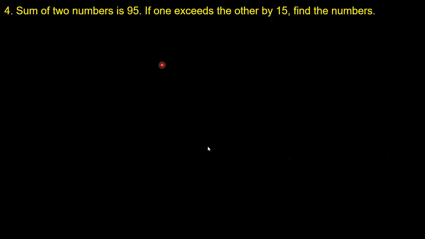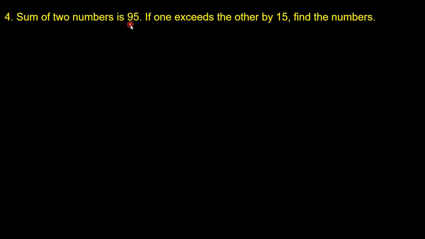So we will take the next sum now. It says the sum of two numbers is 95. One exceeds the other by 15. Find the numbers. Exceeds means by 15. We can just assume if one of the numbers is 5, another number exceeds by 15, that means 20, and their sum in this case is 25.